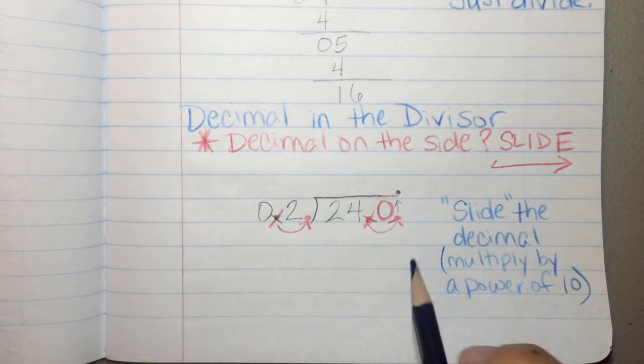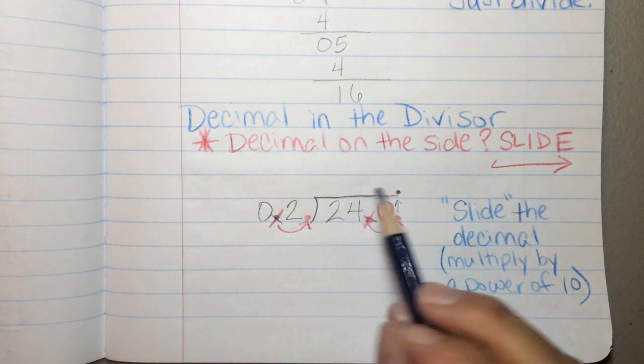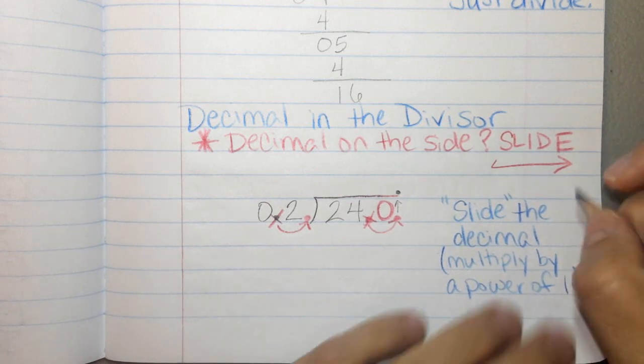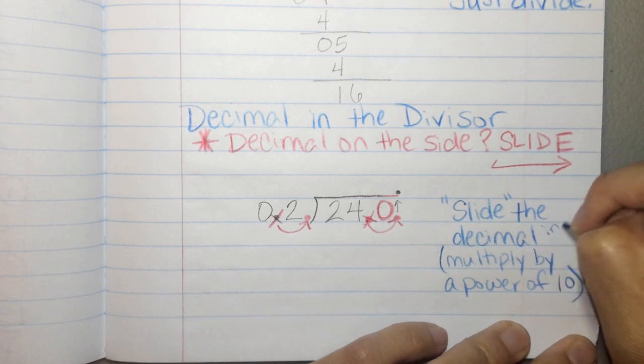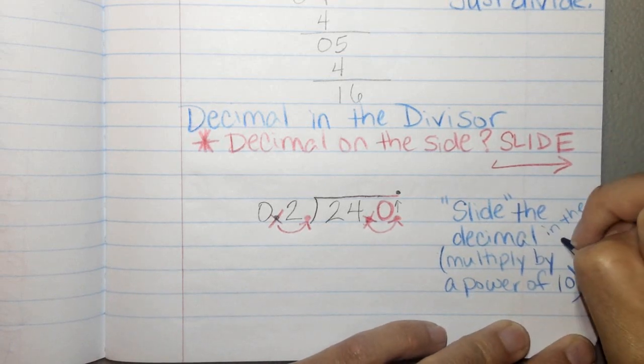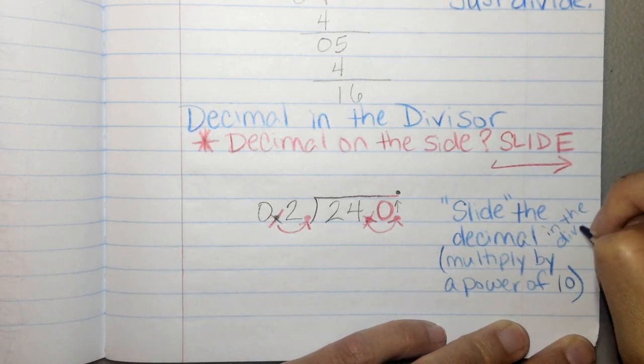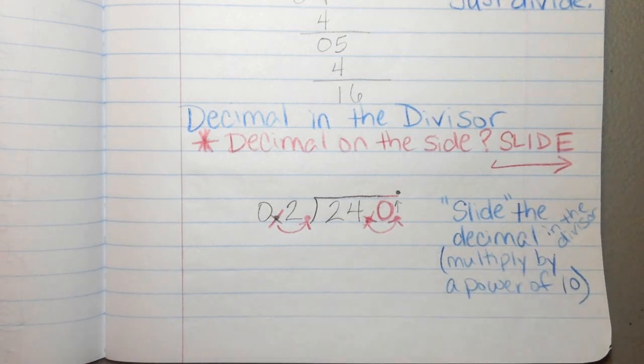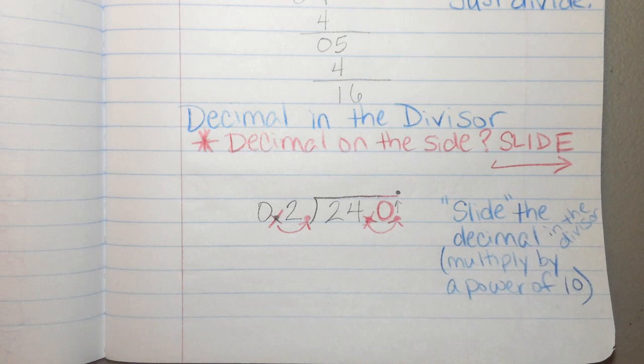You're multiplying by 100 if you need to move it 2 places. You're multiplying by 1,000 if you're moving it 3 places. So that's what I mean by a power of 10. So slide the decimal in the divisor.